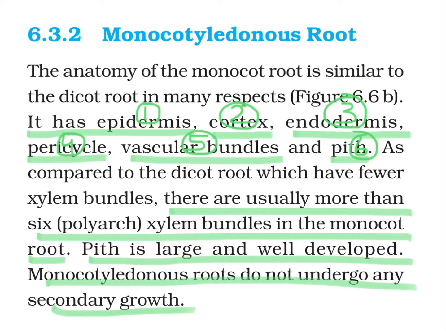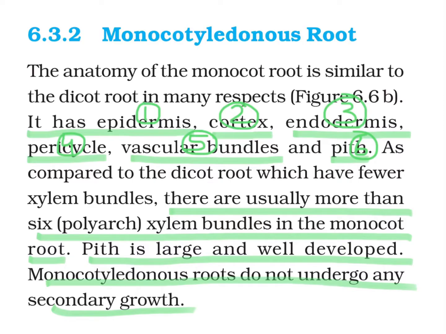So what are the differences that we will describe? As compared to dicot root, which has fewer xylem bundles, 2 to 4 in number, and exarch condition, and we have described earlier that they are tetrarch there. But here in monocotyledonous roots, the vascular bundles are more than 6 in number.